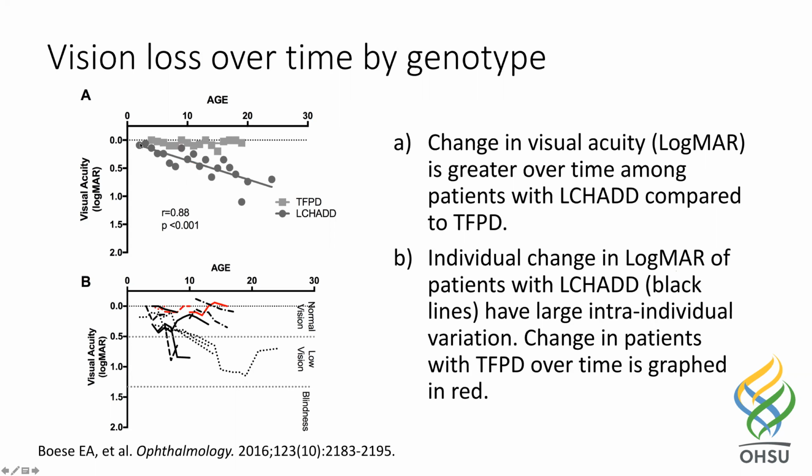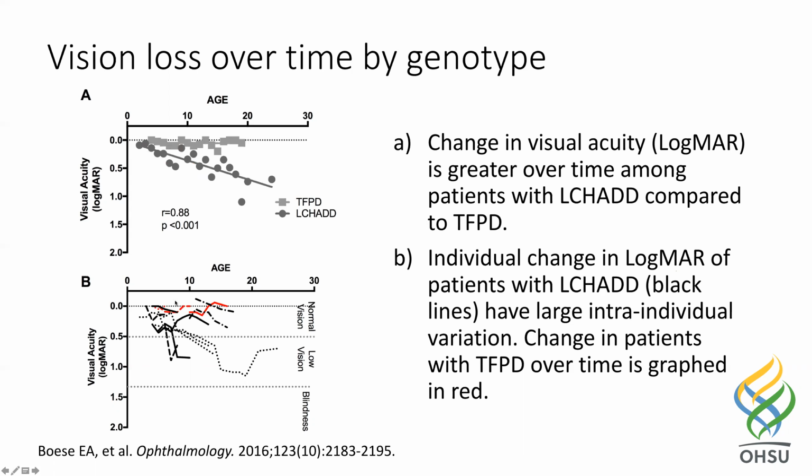In the top graph, we've averaged across all the patients with LCHAD and the patients with TFP. And you can see that across the age span, the patients with TFP have relatively preserved vision, while those with LCHAD, defined as one or two copies of the common mutation, have a pretty steady decline that was significant over time.